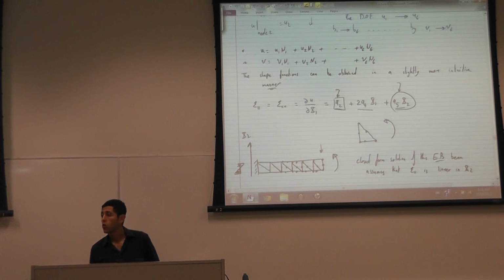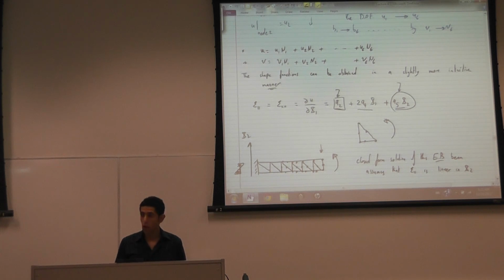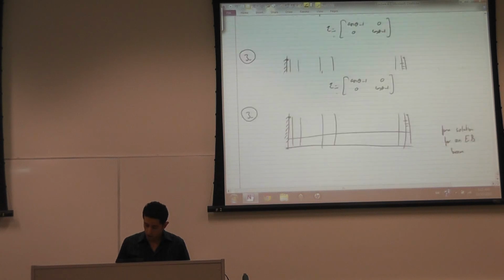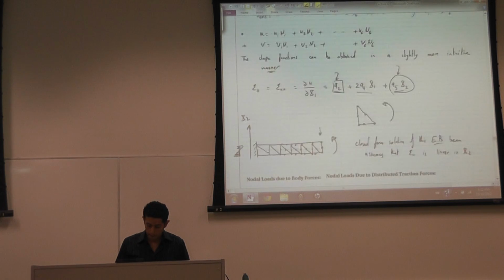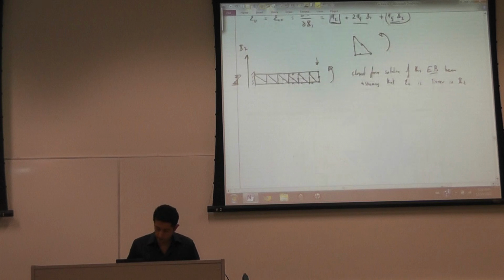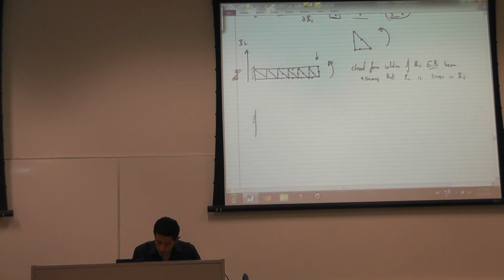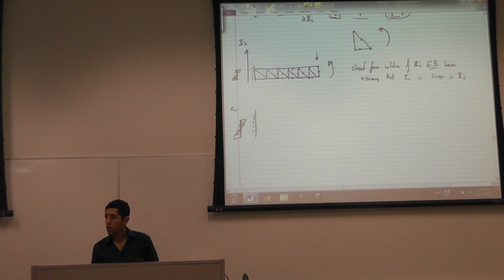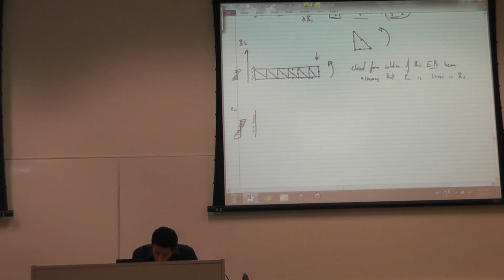Now compare with the previous element. The previous element can only model constant strain. What does it mean that it can only model constant strain? If this is the distribution of the strain, epsilon 1, the constant strain triangle can only model a constant strain, which means I have to discretize this strain into constant values.